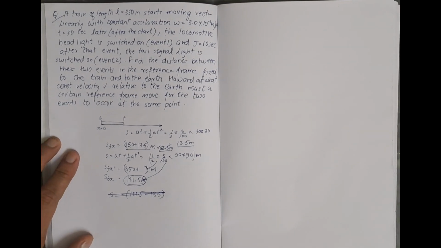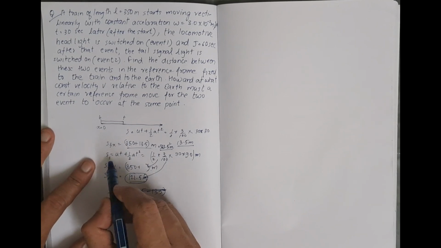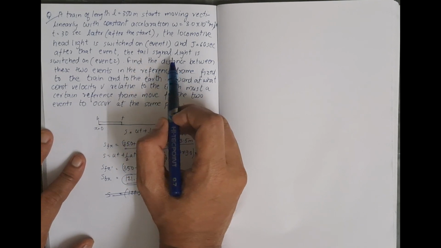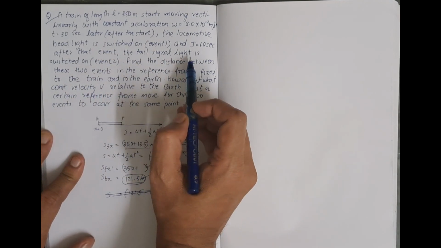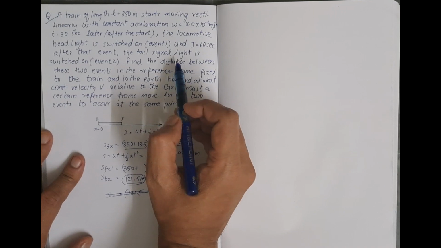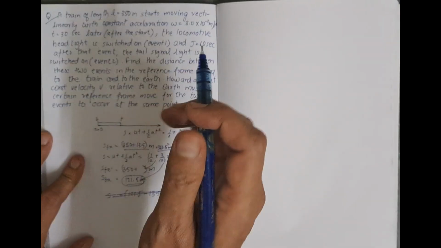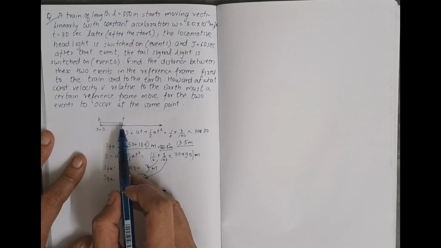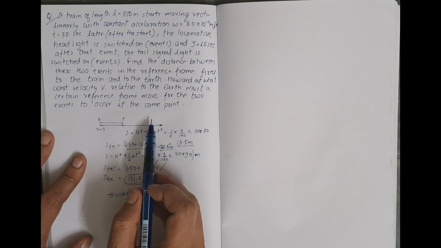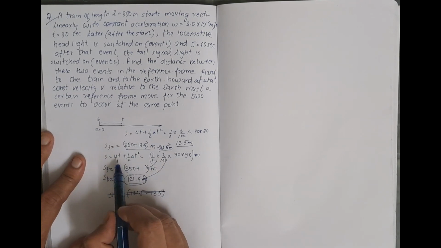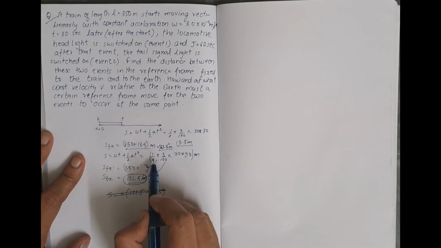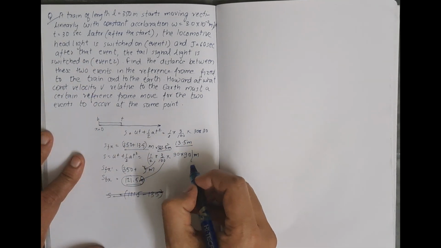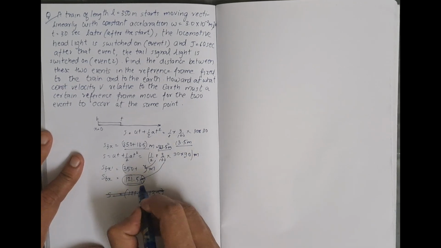Second thing, let's come to the second part. The tail signal light is switched on 90 seconds after the start of the train and 60 seconds after event 1. Let us calculate the total distance traveled by the front end of the train in 90 seconds. That is ut plus half at squared, which is equal to 121.5.